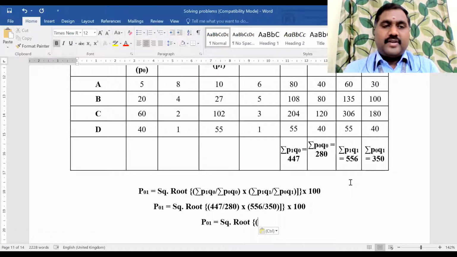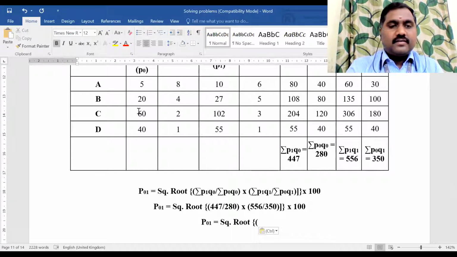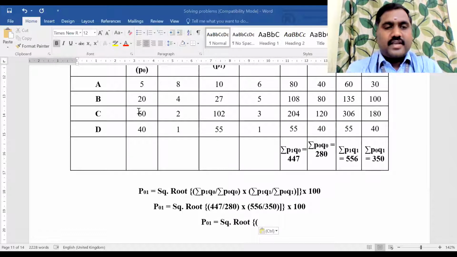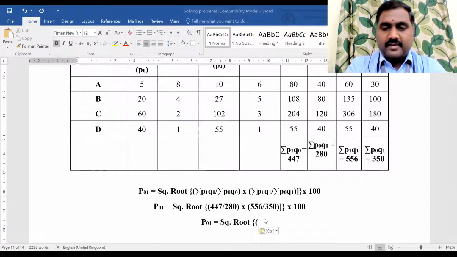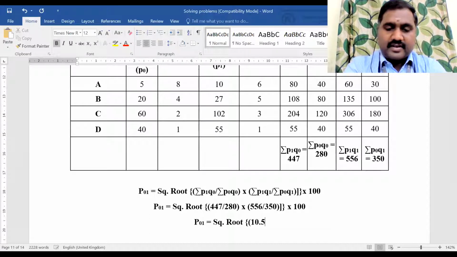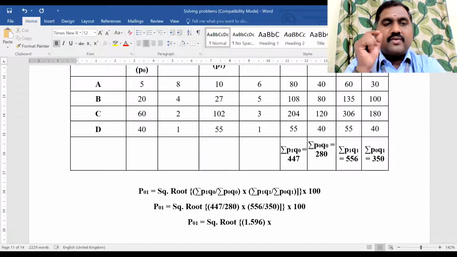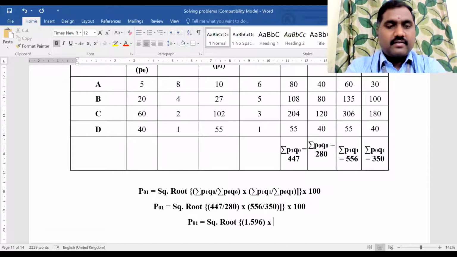Now tell me, what is the value of 447 divided by 280? Anyone? 1.596. Okay, I'll take 1.596, no problem. So this is the first value. Into, what is the value of 556 divided by 350? 1.588. Into 100.